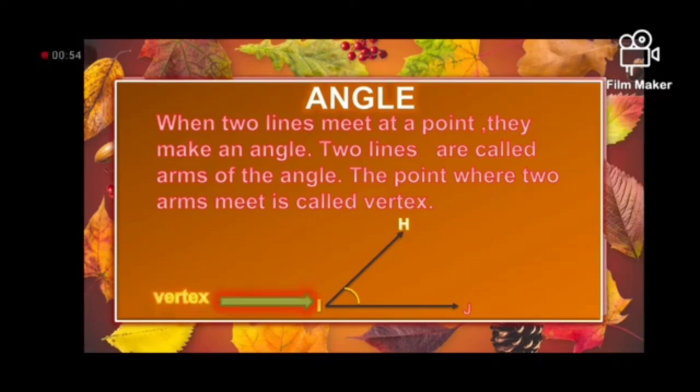This is a vertex. In angle HIJ, the vertex is I, because at this point IH and IJ meet and they make an angle, and this point is called vertex.